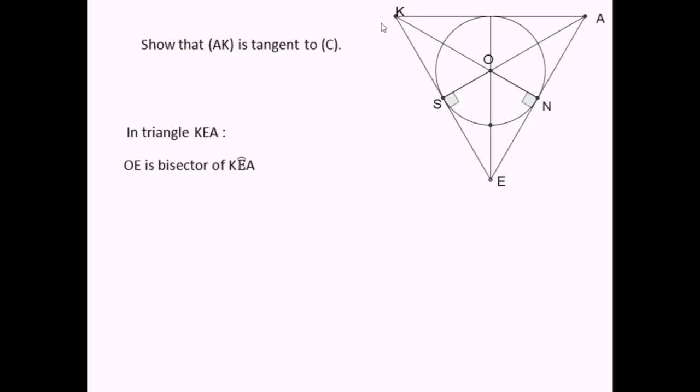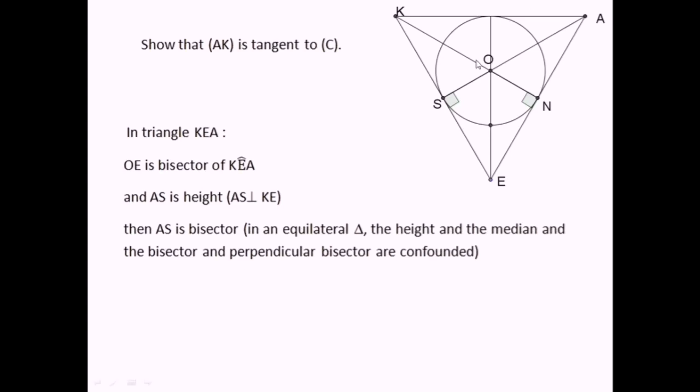Now let's prove another bisector, either KN or AS. In fact, AS is a height because we have a 90 here, or AS is perpendicular to KE. So AS is a height, but I want it to be a bisector. I remember that AS is also a bisector. Why is that?